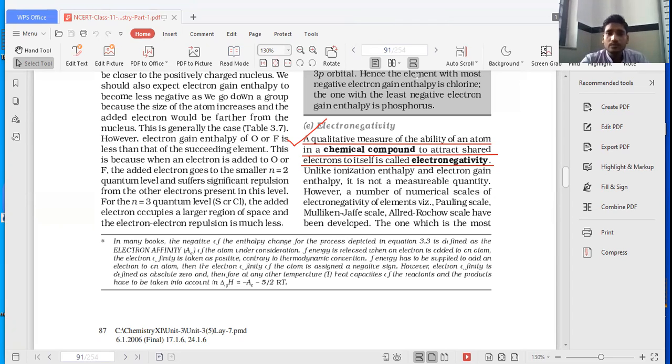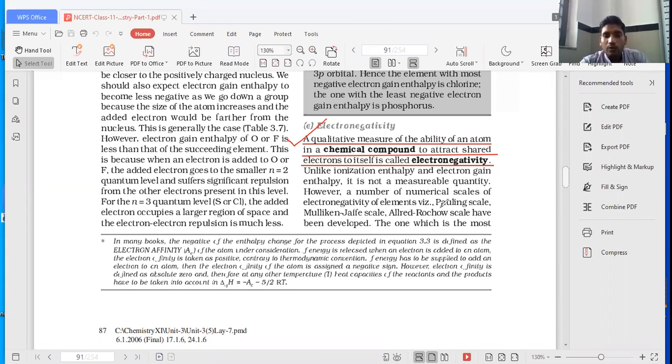Because, beta, Pauling was a scientist who also found this problem, okay? All atoms have this tendency to attract the shared pair of electrons, all right? This was observed, but at the same time it was also observed that we do not have any unit to express it. We do not have any quantitative analysis of electronegativities, right?